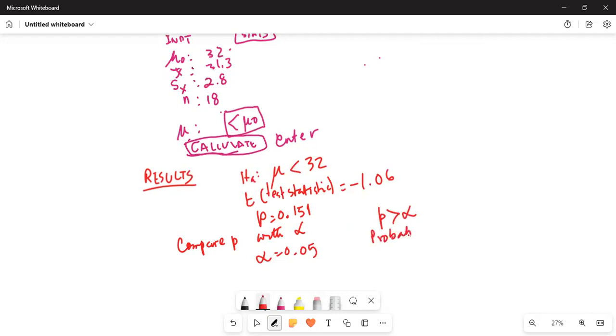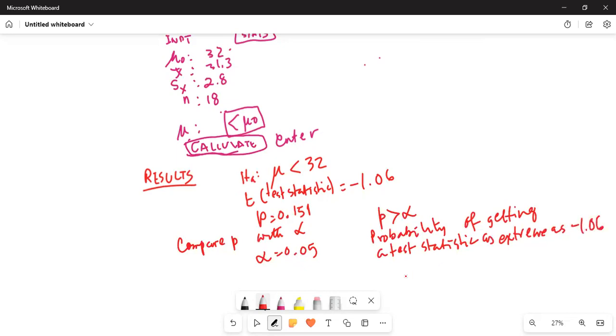Probability of getting a test statistic as extreme as minus 1.06 is 0.151, which is greater than alpha, the level of significance of 0.05.